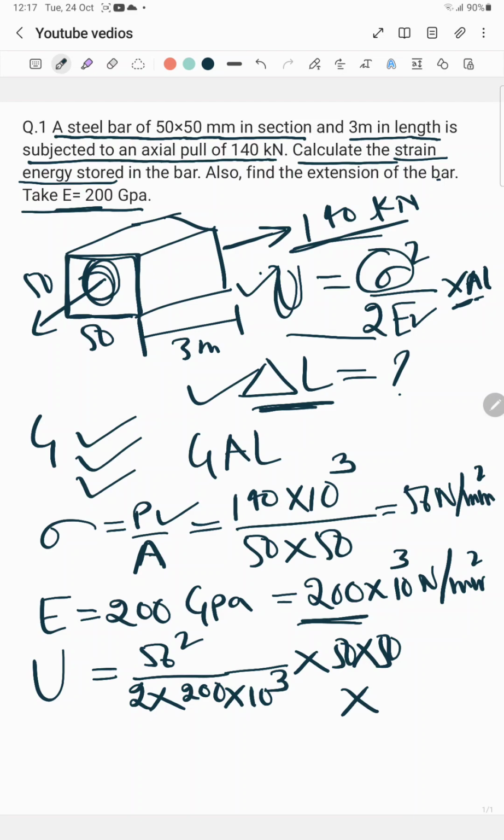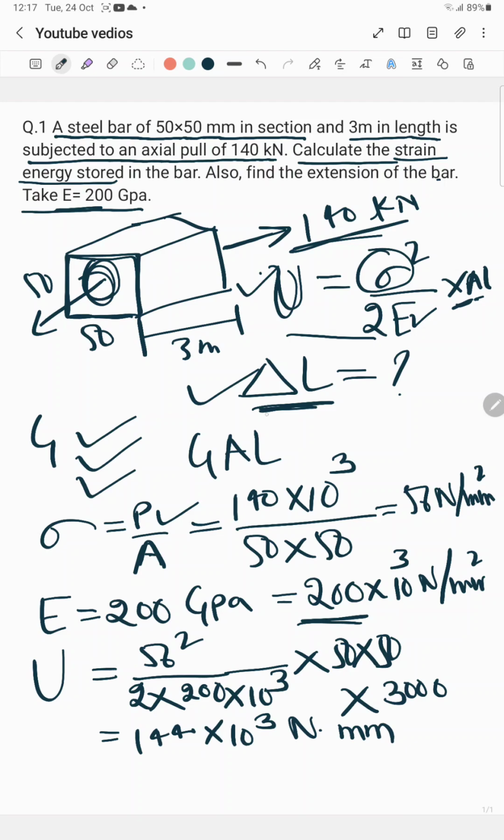We have to convert this 3 meter into mm by multiplying by 10 to the power 3, then it will become 3000. If we solve this, then we'll get the answer around 144 into 10 to the power 3 Newton mm.